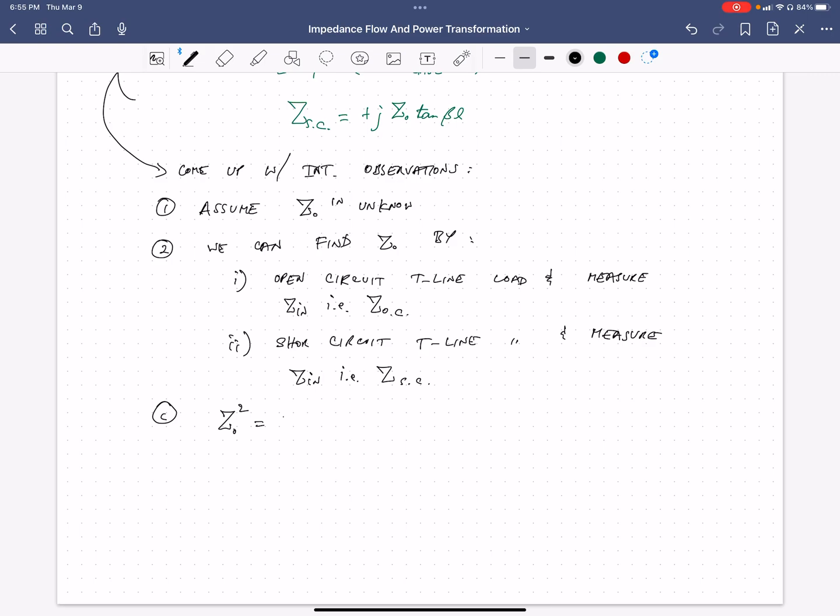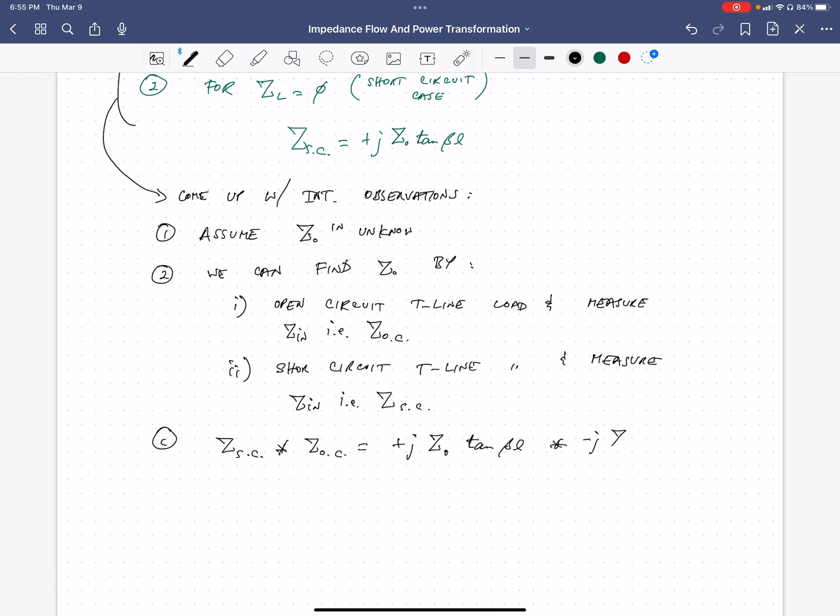That is ZSC times Z open circuit, which is equal to plus J Z0 tangent of beta L multiplied by minus J Z0 times 1 over tangent of beta L. This cancels out with this, and these two give you plus 1.